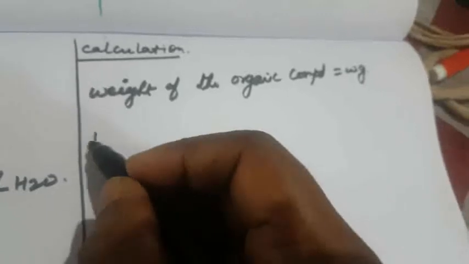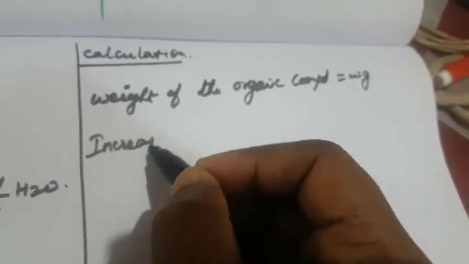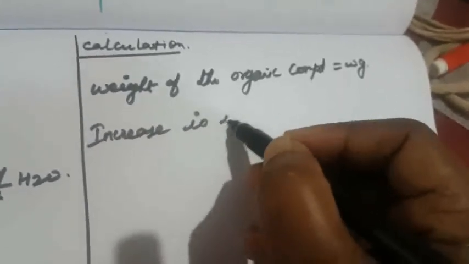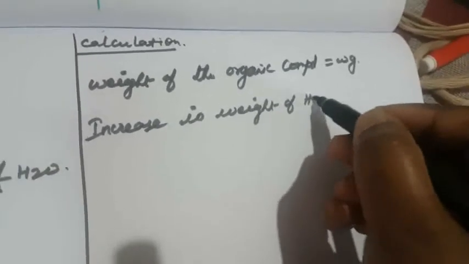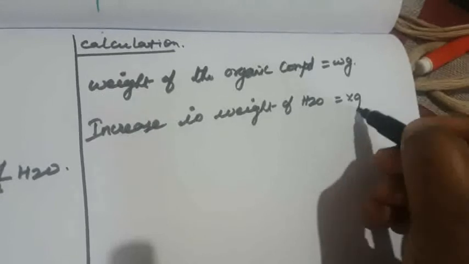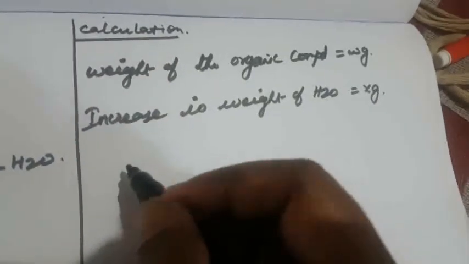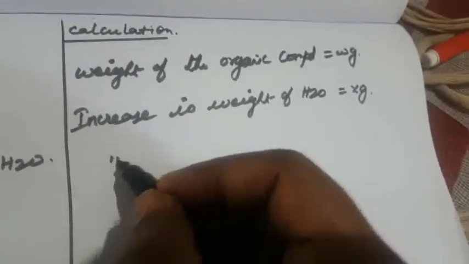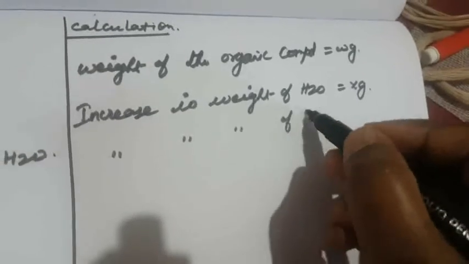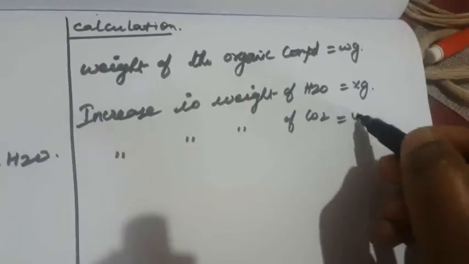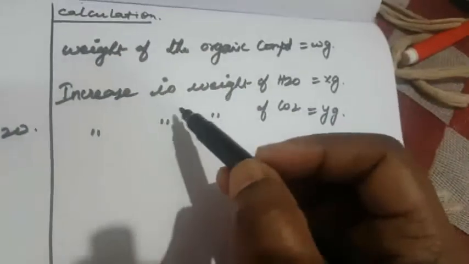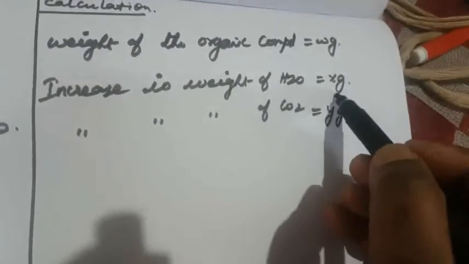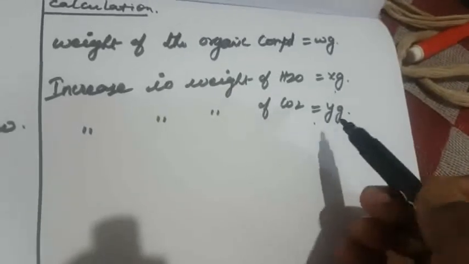Then the increase in weight of water is X gram. Again, the increase in weight of carbon dioxide is called Y gram. So how to calculate it? The weight of water is X gram and the weight of carbon dioxide is Y gram.